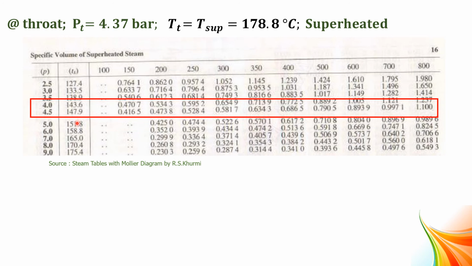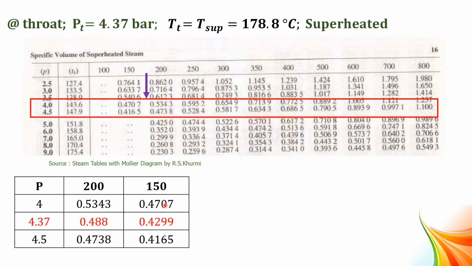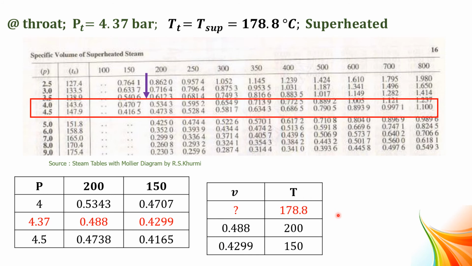Here also the 4.37 bar pressure is not mentioned in the steam table, and the temperature 178.8 degrees is also not in the steam table. So we have to take two-stage interpolation, as we did in the previous case. We get the specific volume of steam at the throat section equal to 0.4642 meter cube per kilogram.